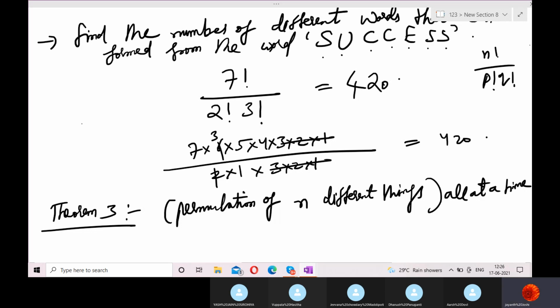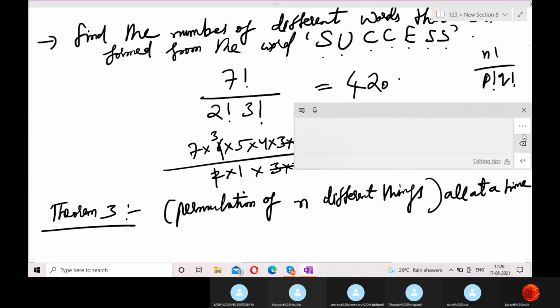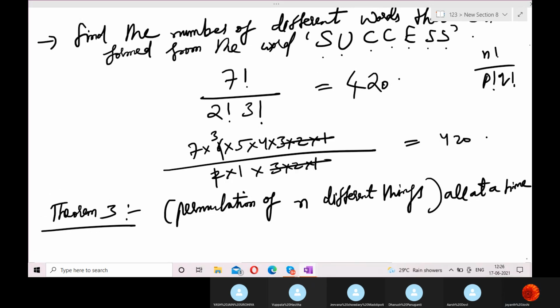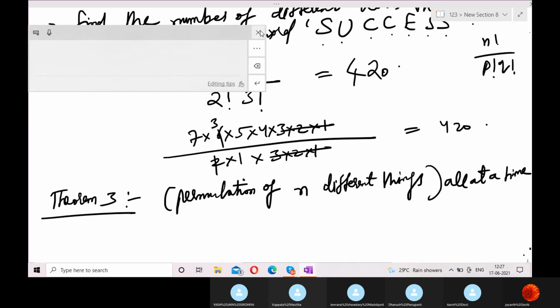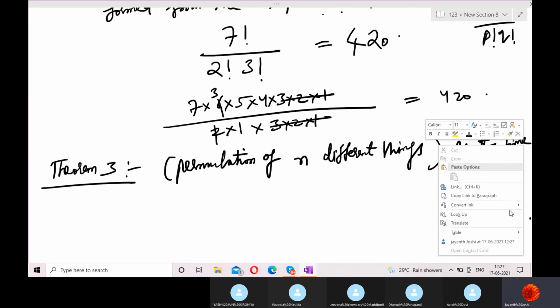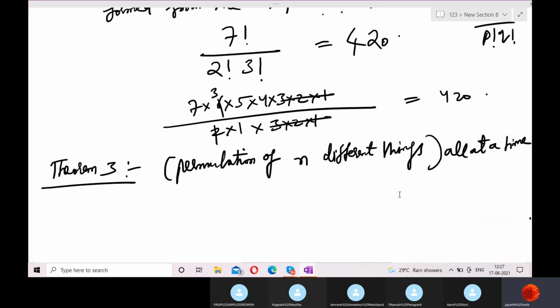So suppose if I give you, like, I will tell you in just a second. First write the theorem, then we'll do the question.